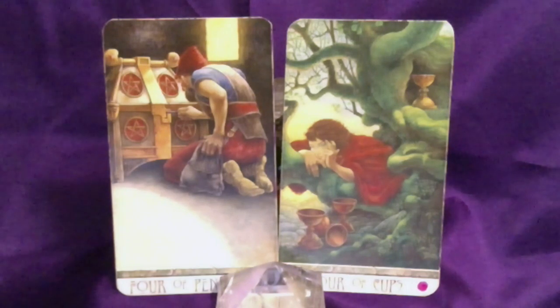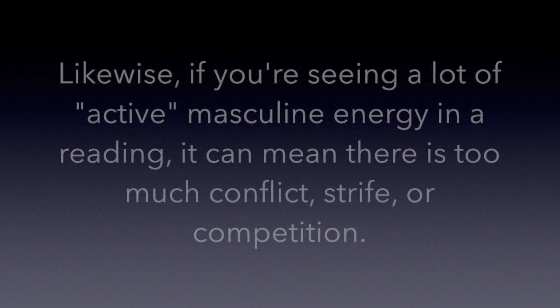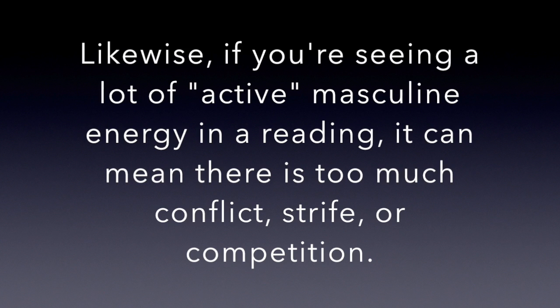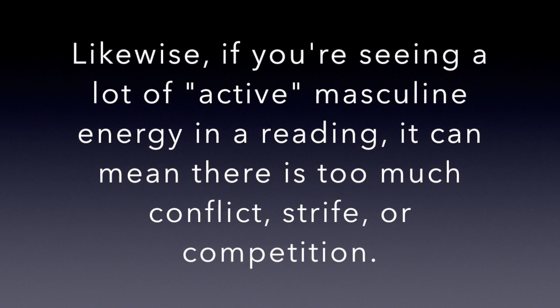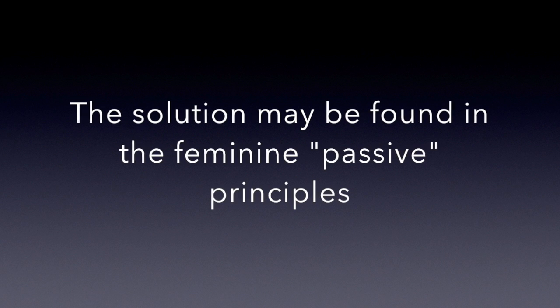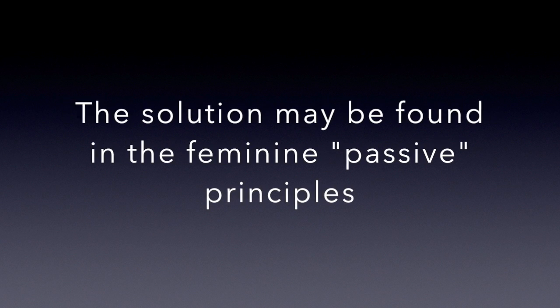So that's just an example of how an energy can be very well dignified technically, but if there's so much of it, then it's up to us to say, hey, we're seeing a lot of this in this reading. And if you're wanting to find a solution, the solution is really to try and find harmony within your elements, within your polarities, within all 4 elements. And you can talk to them about that and bring that into play.